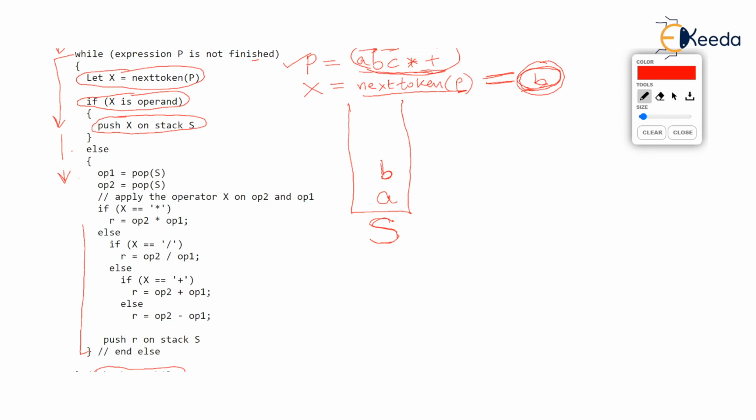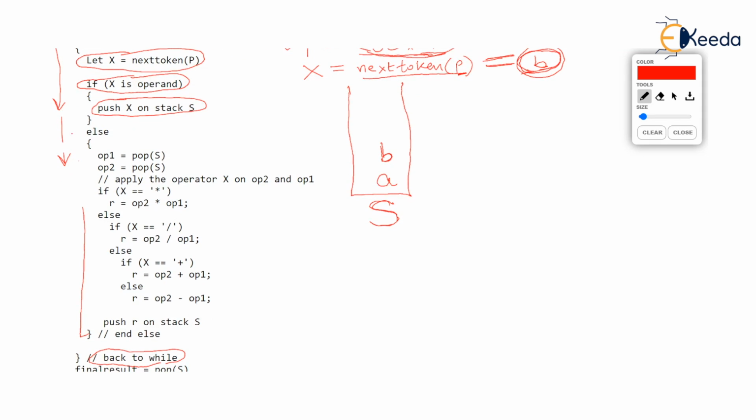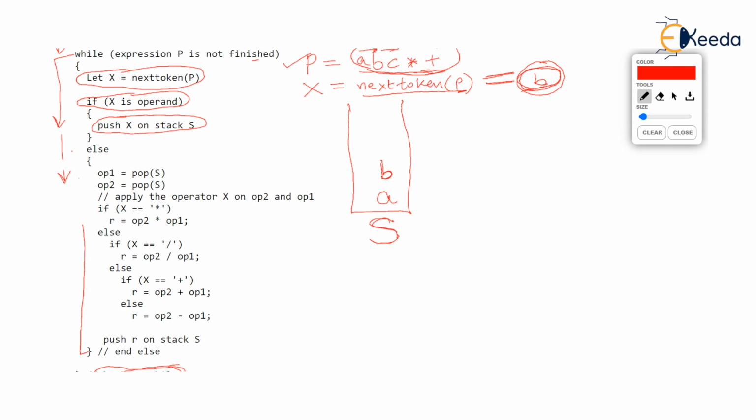Yes, everyone. And else is again dropped. And if else is dropped, we will go back to while. As else is dropped, we will be back in the while, isn't it? So let's go back to while. In the while loop, we check again, is expression P not finished?